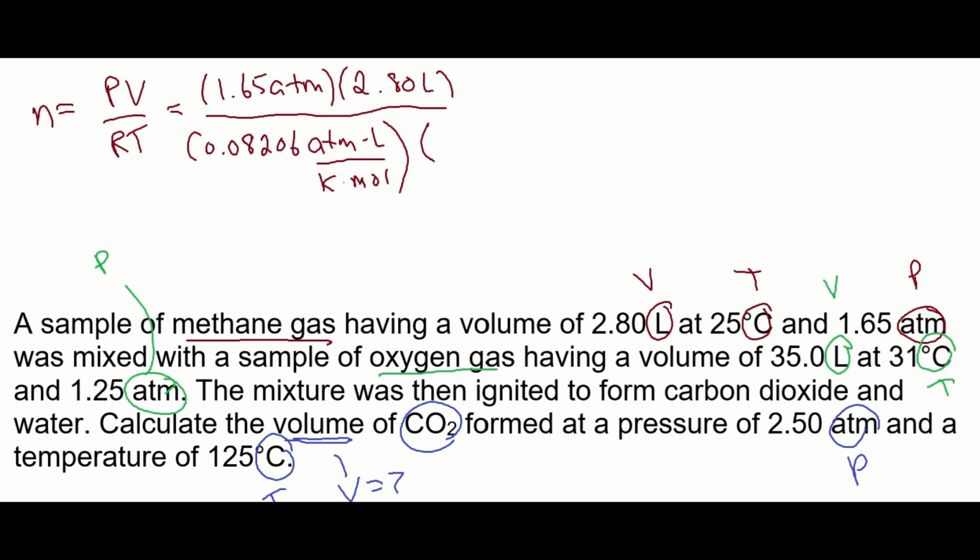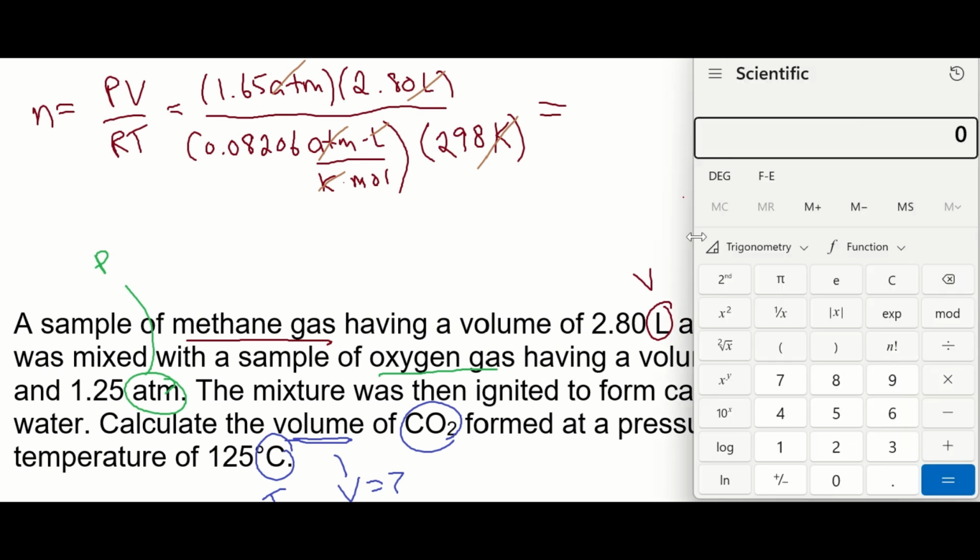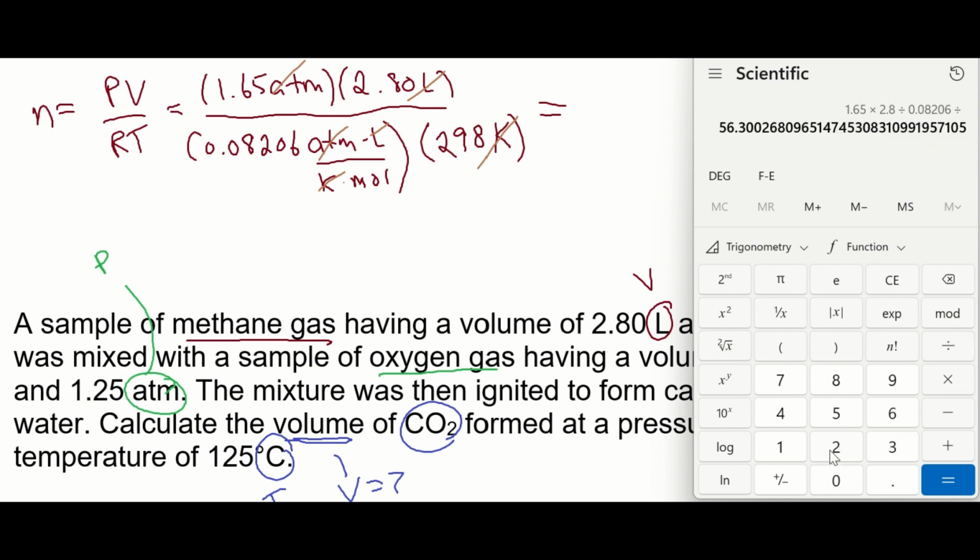You need to add 273 to that. All these units are going to cancel out except for moles. So that's how many moles of methane we have: 0.189.